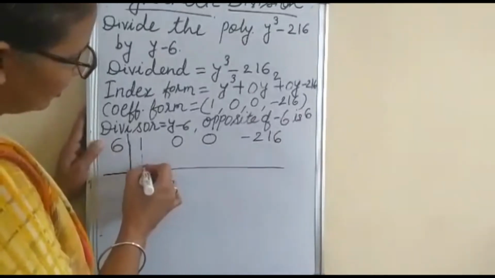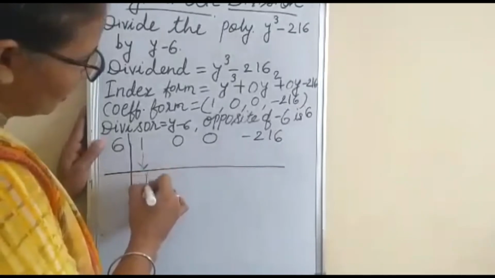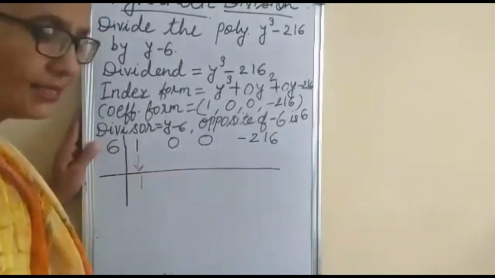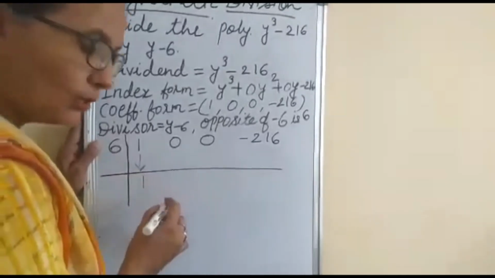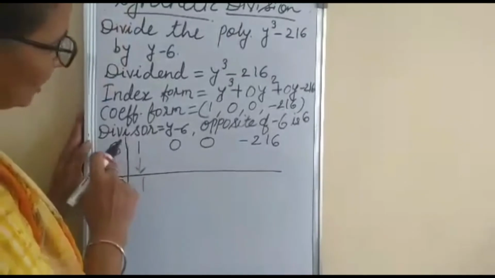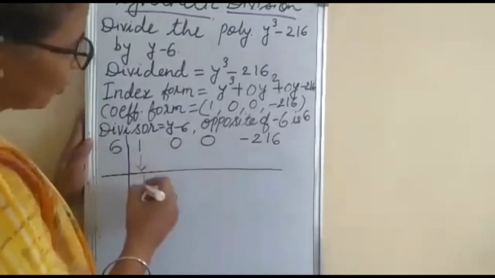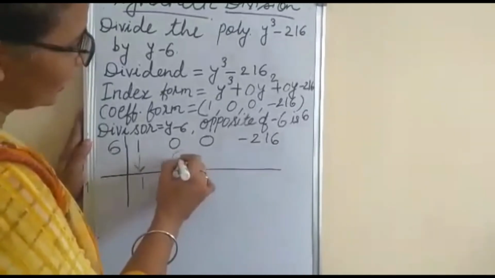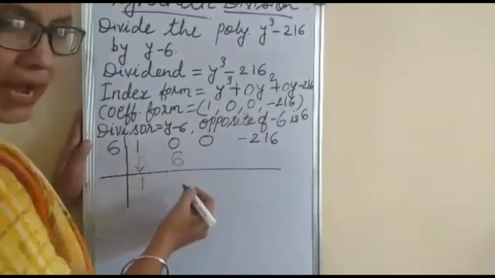First of all, this 1, the first coefficient, will remain as it is. Now you have to find the product of this 1 and 6, means you have to multiply these two. So 6 ones are 6. Whatever product you get, you have to write below the second coefficient, and now you have to add these two.